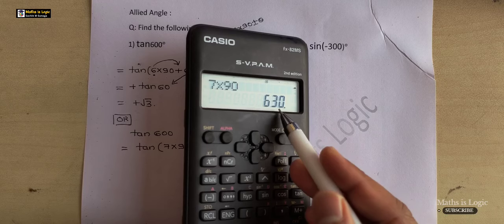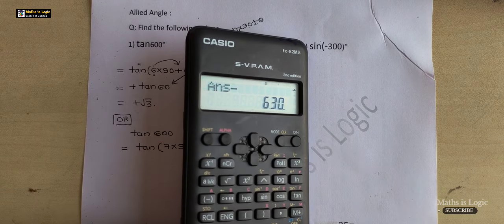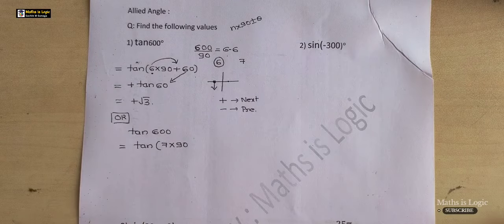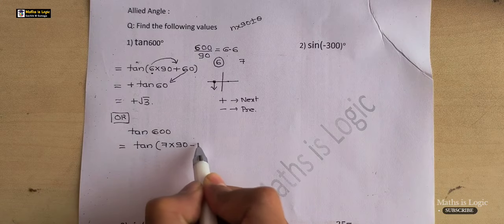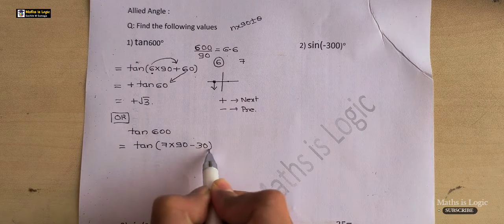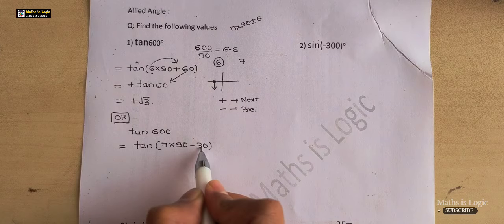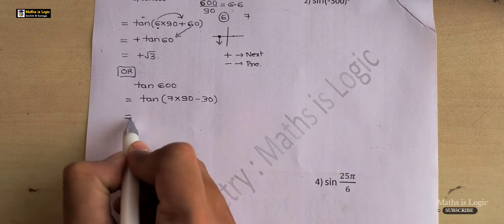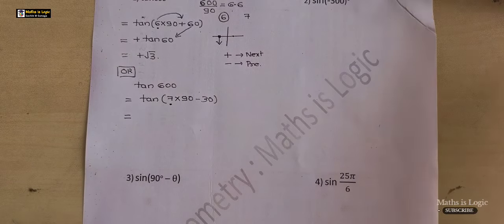For this 630, if I do minus 30, then only I am going to get 600. Therefore I am going to write minus 30. 7 into 90 minus 30 is 600.